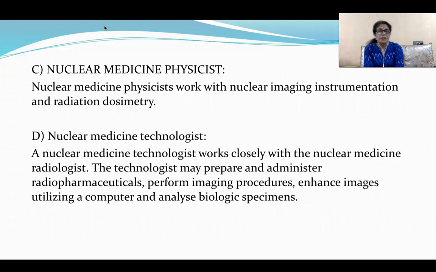A nuclear medicine technologist works closely with the nuclear medicine radiologist. The technologist may prepare and administer radiopharmaceuticals, perform imaging procedures, enhance the images, utilize a computer and analyze biological specimens.